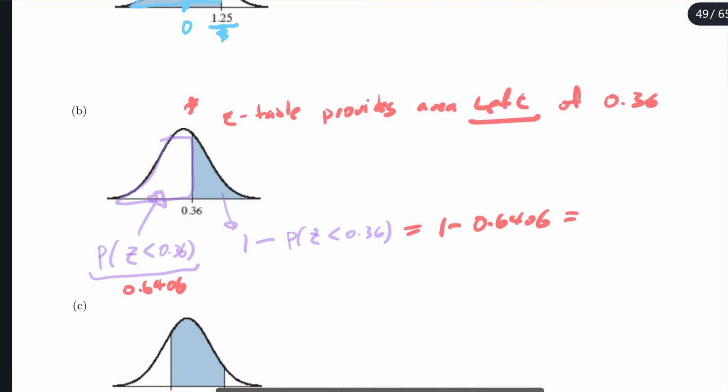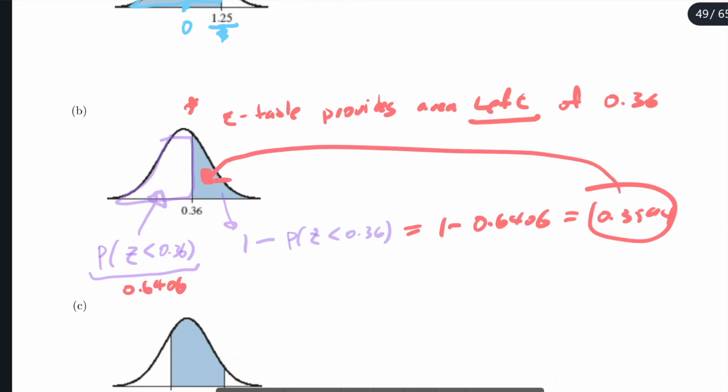Therefore, this area is 0.3594. So this blue region is 0.3594. So what this means, the probability of selecting a value bigger than 0.36 is 0.3594. Or the proportion of values that are greater than 0.36 is 0.3594.